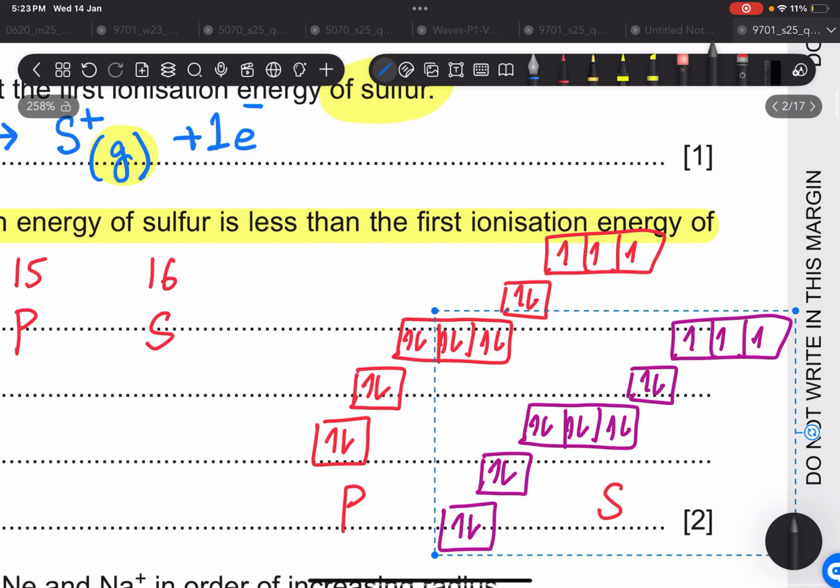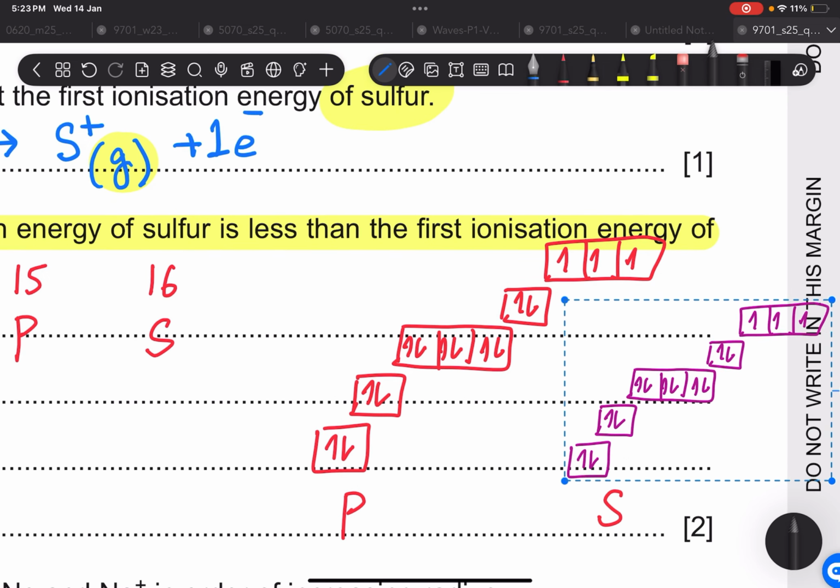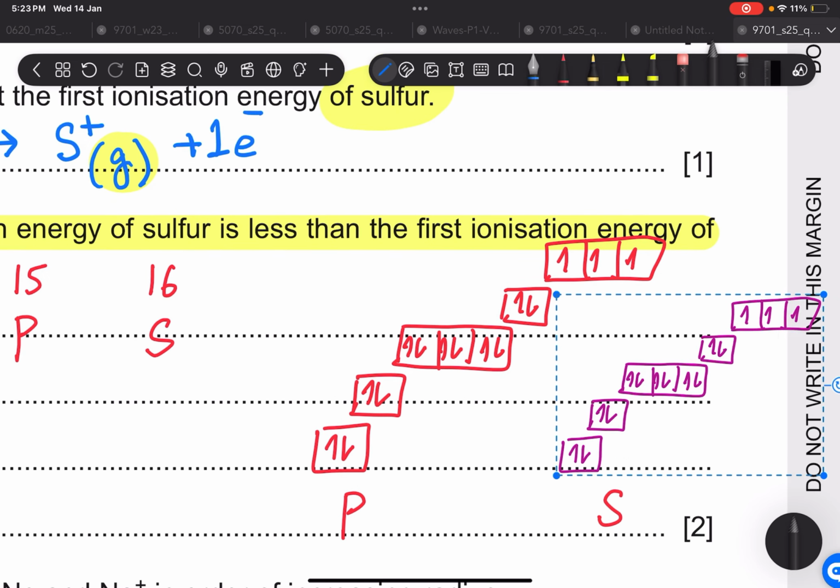This one right here, we can say is our sulfur. There's something different in sulfur and phosphorus. The difference is that sulfur has one more electron than phosphorus. The one electron is going to be accommodated here.